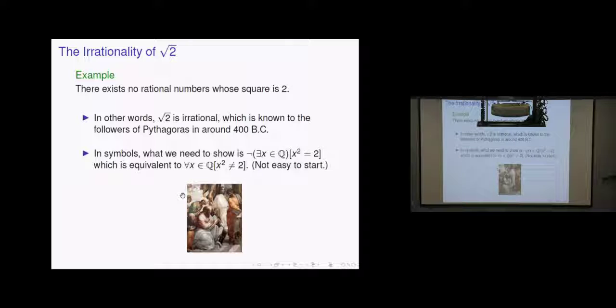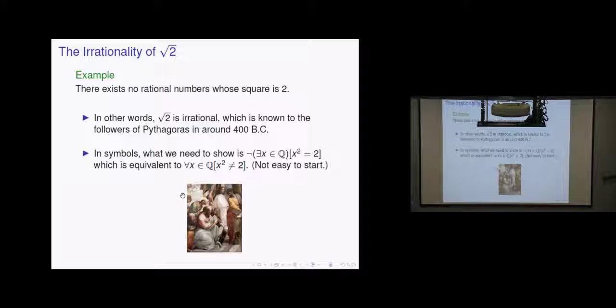Okay. So in symbols, what you want to show is this: there is no rational number whose square is 2. We know the rules of taking negation. This symbol is for negation.